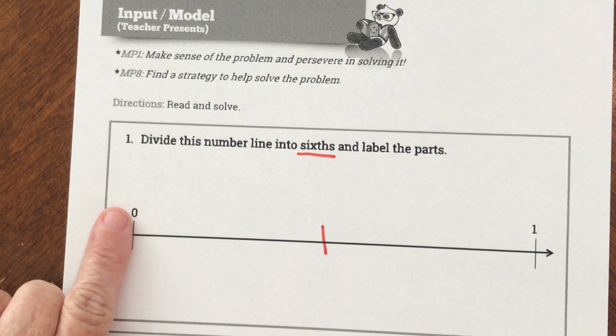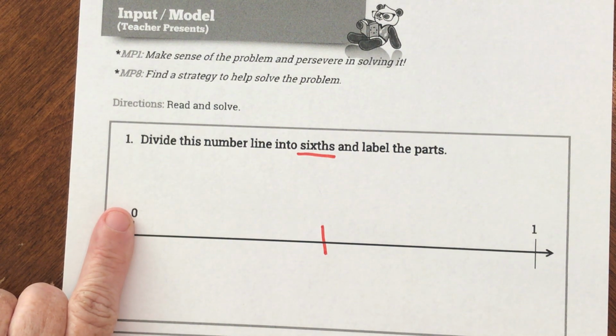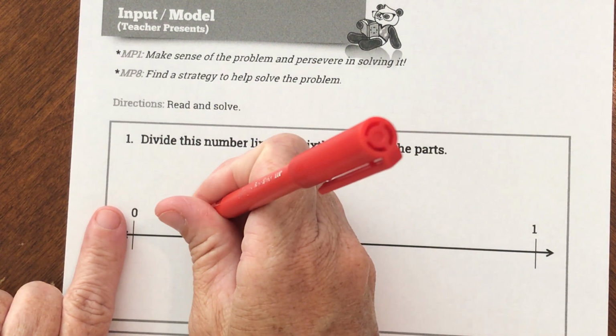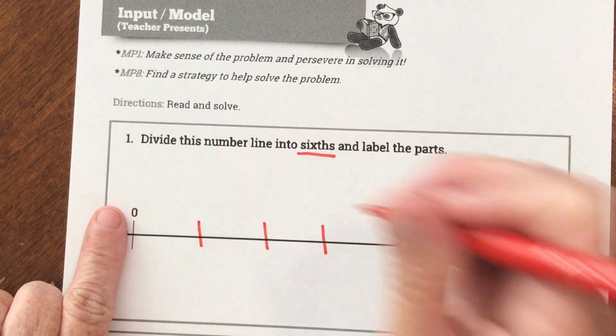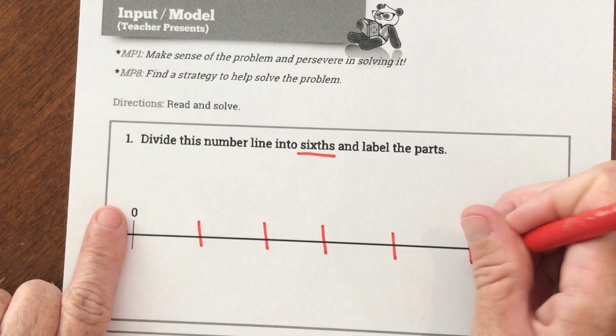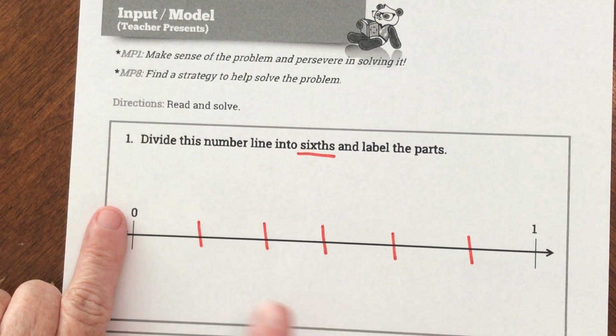Now, 6 does not mean that I need 6 lines. It means I need 6 parts or 6 sections. So I'm going to show you it doesn't mean 6 interval lines, because look how many lines I drew. 1, 2, 3, 4, 5.